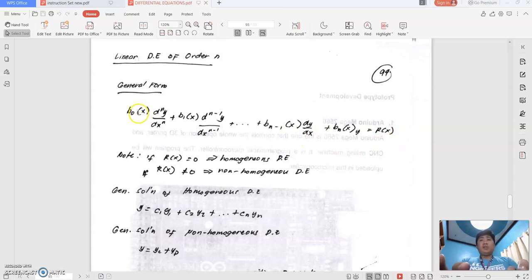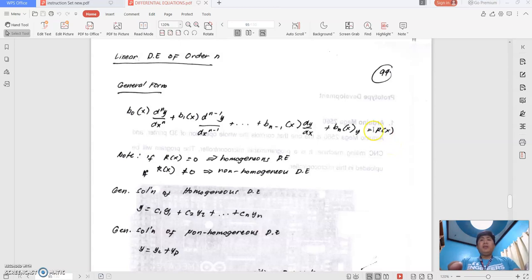You have b sub 0 of x of the nth order, followed by adding the second b of x, where you deduct 1 from the order of the differential equation each time, until you reach the first order, and then the term with no derivative. Then this general form is equivalent to r of x.